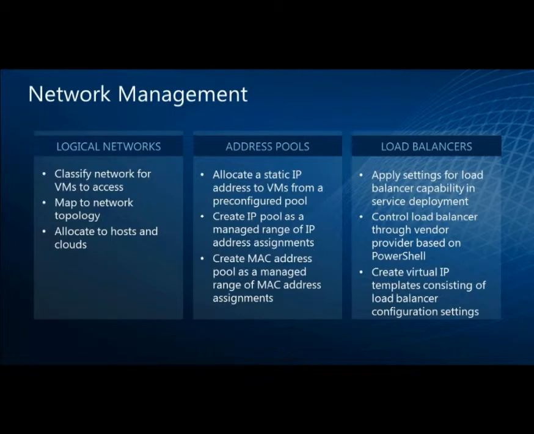For load balancer support, through a provider, we'll connect to that load balancer. When we deploy, say, a service that has multiple VMs and a web front end, and we want to connect to an F5 or some other Brocade or Citrix load balancer, we can connect right into that load balancer, add the member servers, create that virtual IP and connect them together, and pick the right load balancing mechanism or scheme for that deployment.